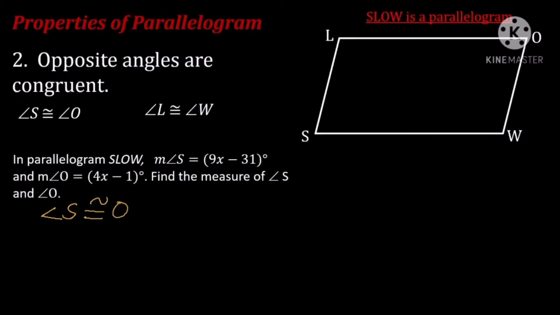So it says that measure of angle S is equal to 9x minus 31 degrees equals, since they are congruent, it means that the measurements are also equal. So measure of angle O is equal to 4x minus 1 degrees.